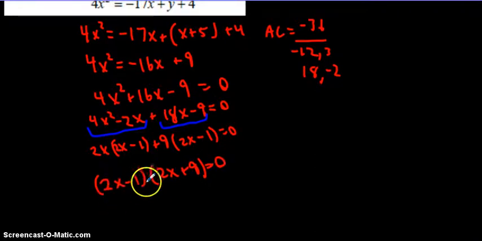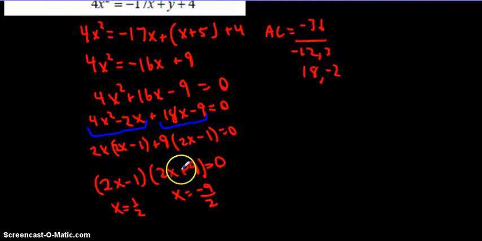So either x is equal to 1/2, or x is equal to negative 9 over 2. If I plug in 1/2 here, this part is 0. If I plug in negative 9/2 here, this part is 0. So those are the x values.